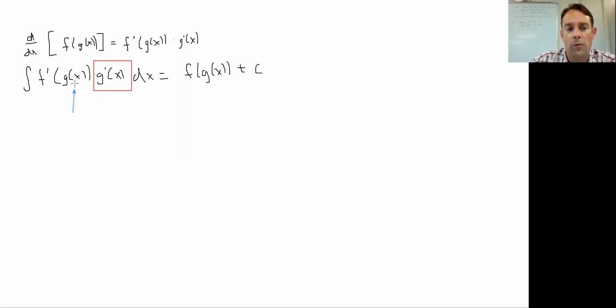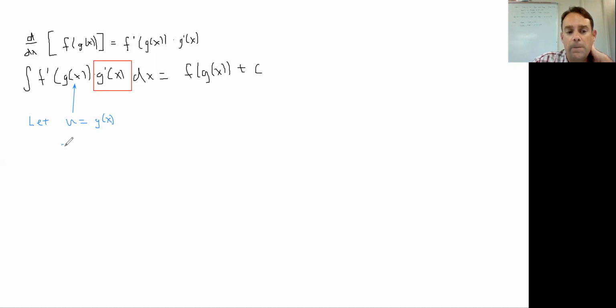In order to do that, we're going to take this thing right here. We're going to do what we call a U-substitution. So we're going to say, let's let u be equal to g of x. And what if I take the derivative of both sides with respect to x?